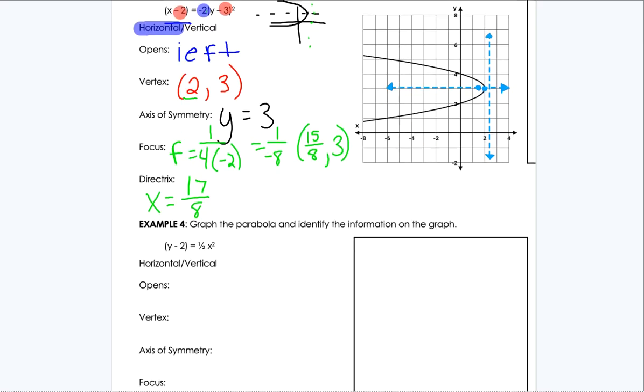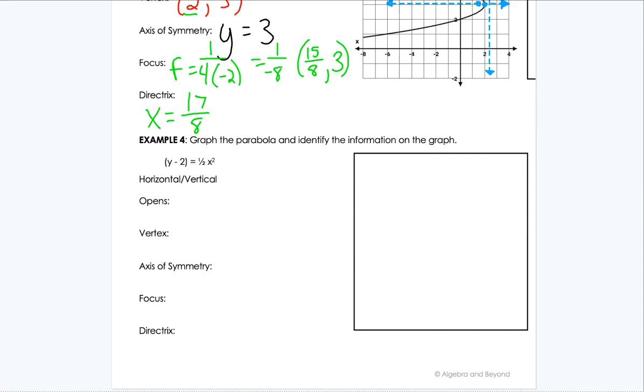All right, and then our last example is another equation that we are given, and we're going to use that to help us find all of our key features. In this one, I can start off by seeing that it starts with y minus 2. That tells me that it is a vertical parabola.